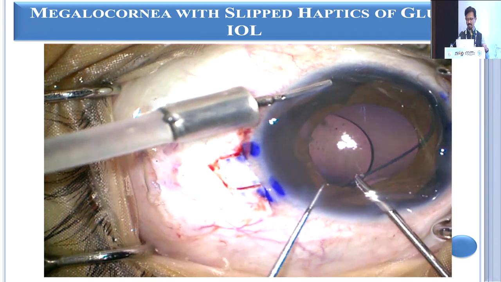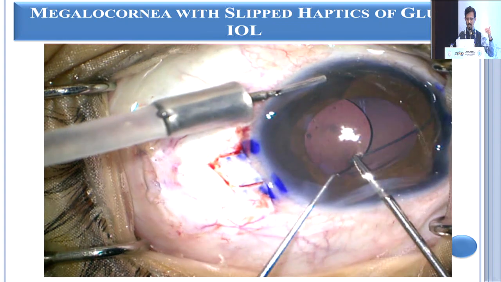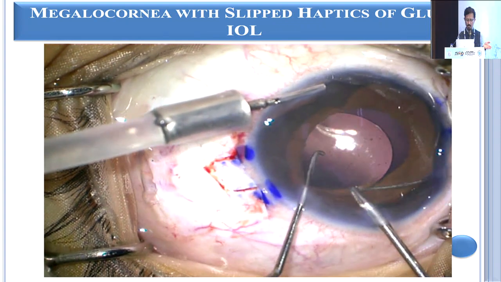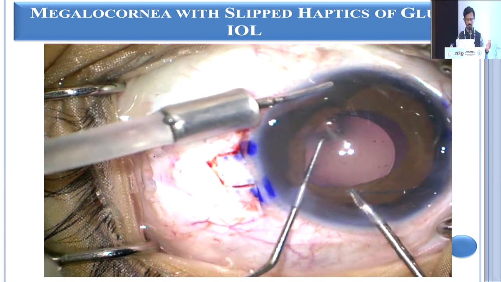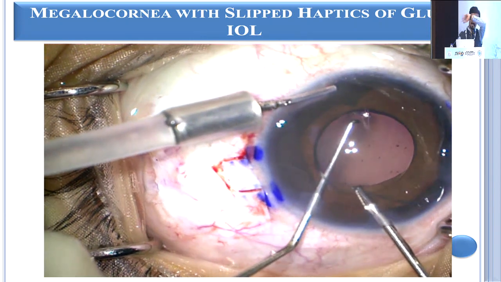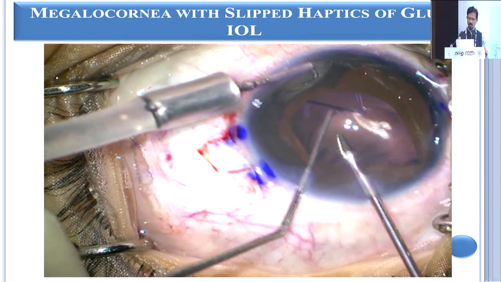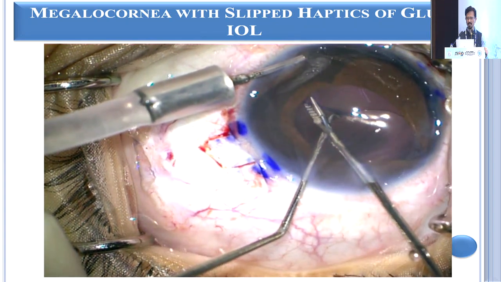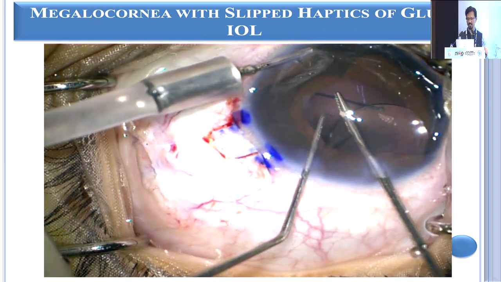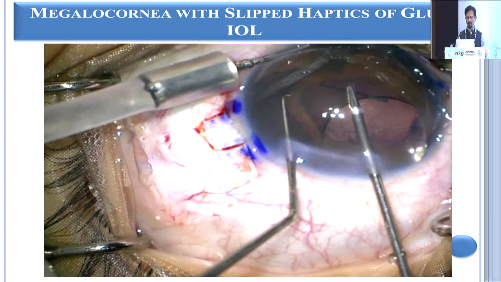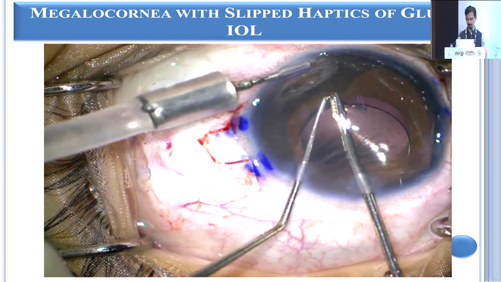If the haptic that had slipped was brought anterior to the iris, and then the IOL was rotated in reverse so that it comes out of the pocket on the other side, and then holding with the Sinskey hook and holding the haptic with the forceps, because one haptic was already over the iris, both the haptics were brought anteriorly.